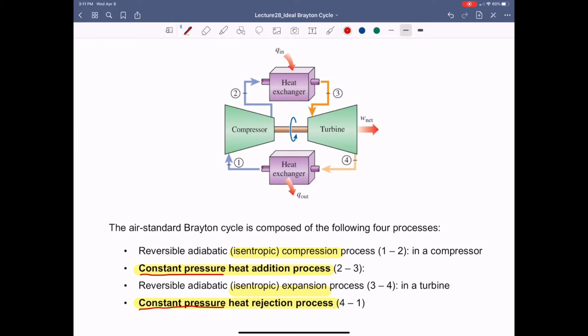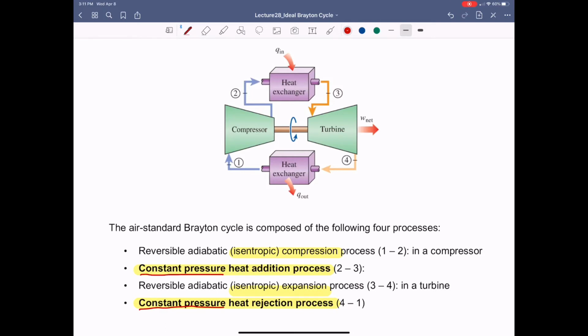I hope that you now can recall what we discussed for Otto cycle analysis and diesel cycle analysis. In those types of reciprocating engines, we basically think about this whole process as air compressed and expanded inside a piston and cylinder assembly.